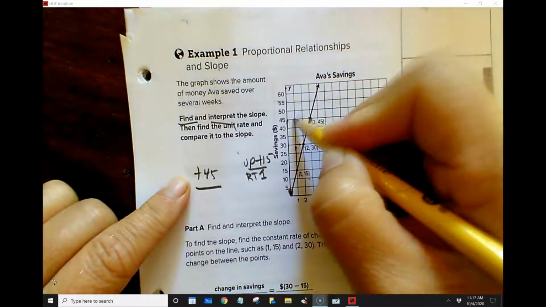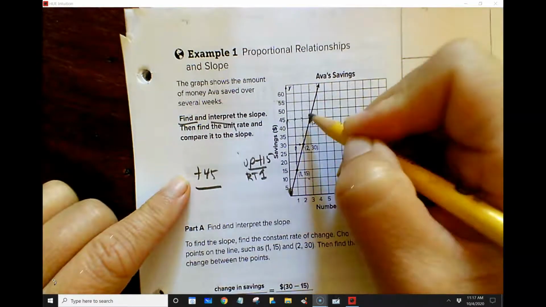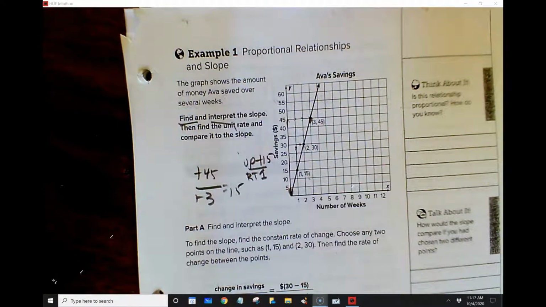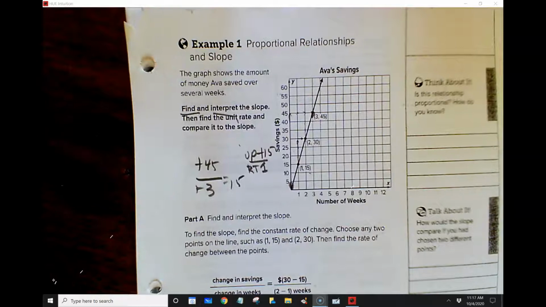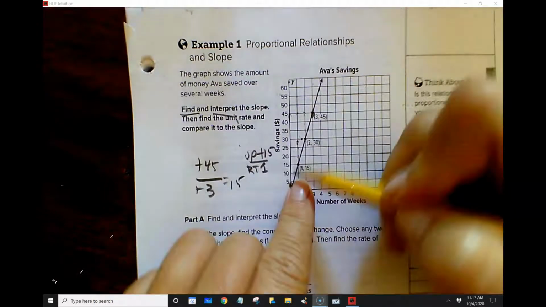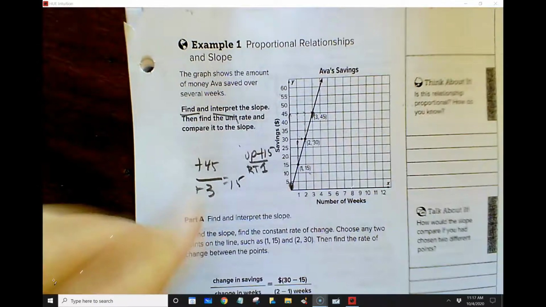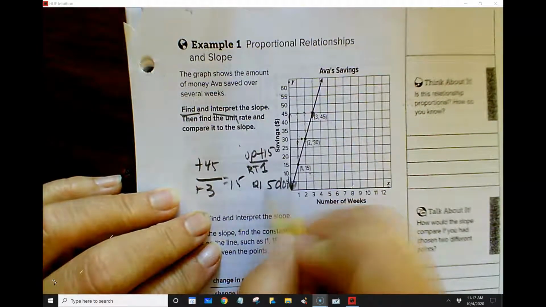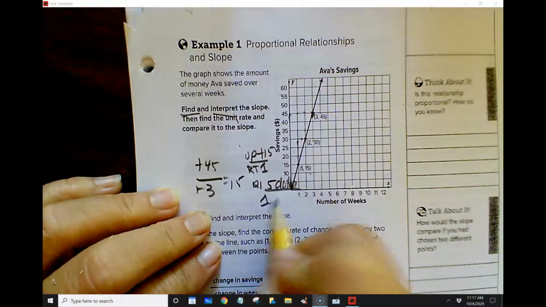And I'll go 1, 2, 3, by 3. Guess what 45 divided by 3 is? 15. So I'm going to go with the slope is 15 to 1. So I'm looking at $15 per week.